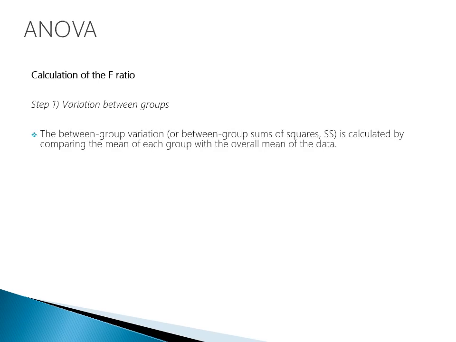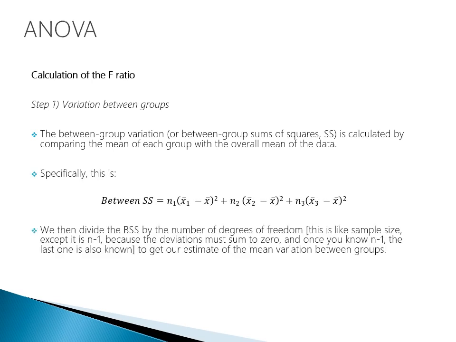The between group variation, or between group sum of squares, SS, is calculated by comparing the mean of each group with the overall mean of the data. Specifically, this is the following. We then divide the between sum of squares by the number of degrees of freedom. This is like sample size, except it is n minus 1, because the deviations must sum to 0, and once you know n minus 1, the last one is also known, to get our estimate of the mean variation between groups.